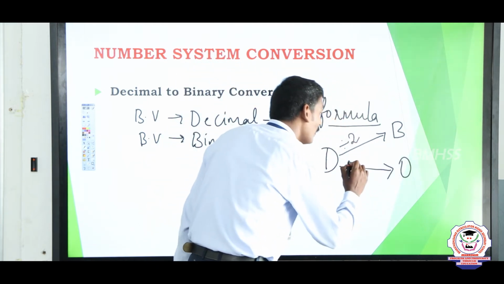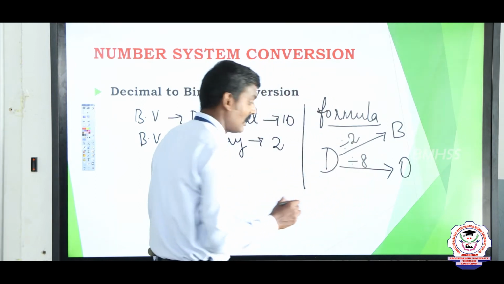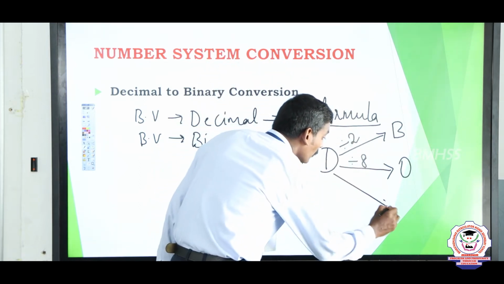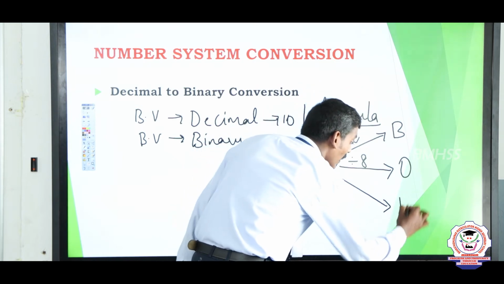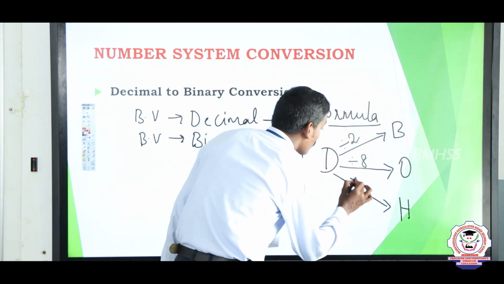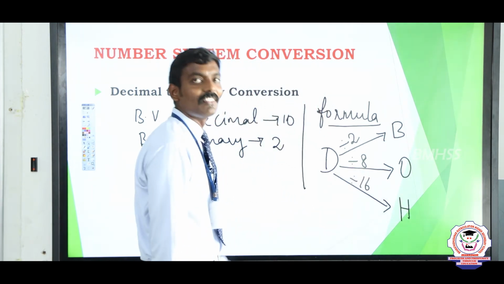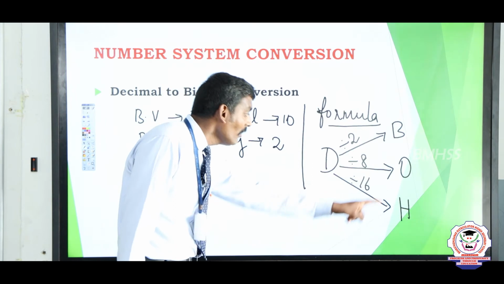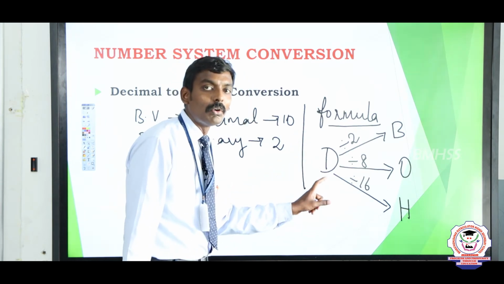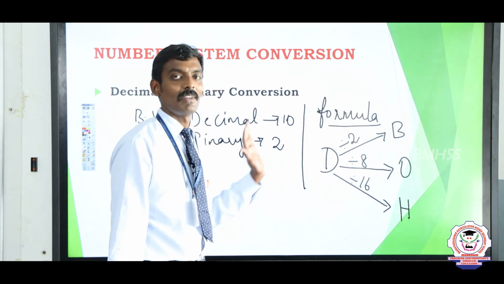The given decimal number is divided by 8. The same way, to convert decimal to hexadecimal, we divide by 16, because the base value of the hexadecimal number system is 16. This is the main formula used to convert decimal numbers to all the other types of number systems.